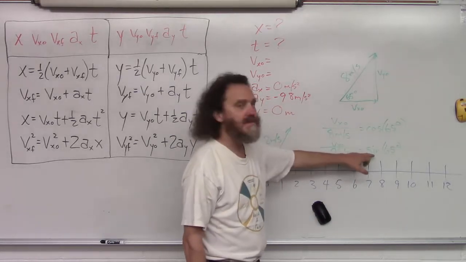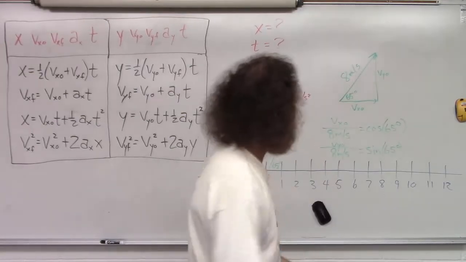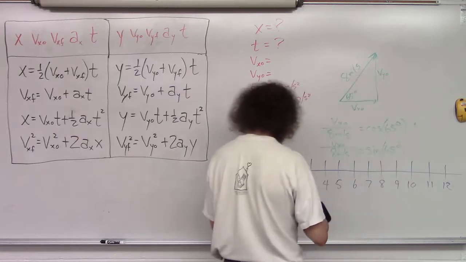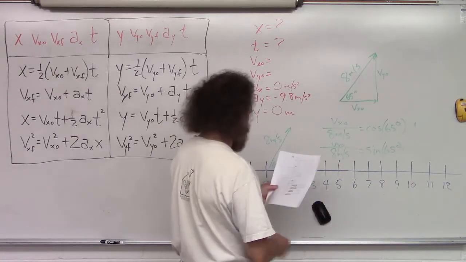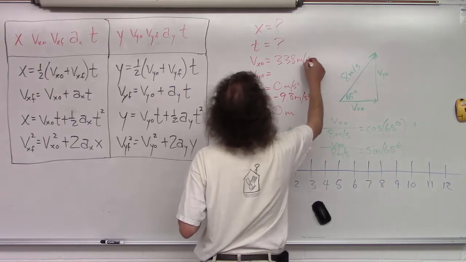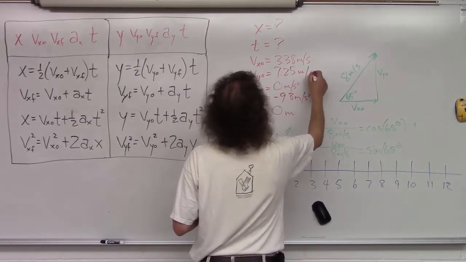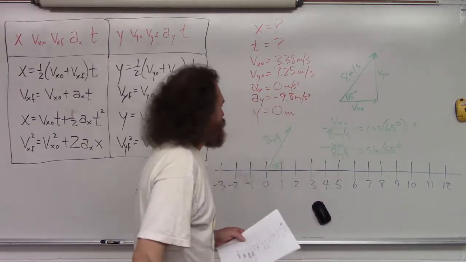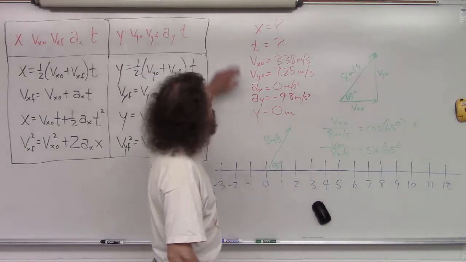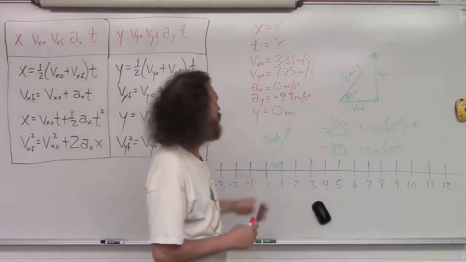Vy naught is 8 times sine 65. And those turn out to be, well, let me just write them up here. This is 3.38 meters per second and 7.25 meters per second. Okay, so these are our two initial velocities. Now I'm prepared to solve this problem in the y direction and then go over to the x direction.